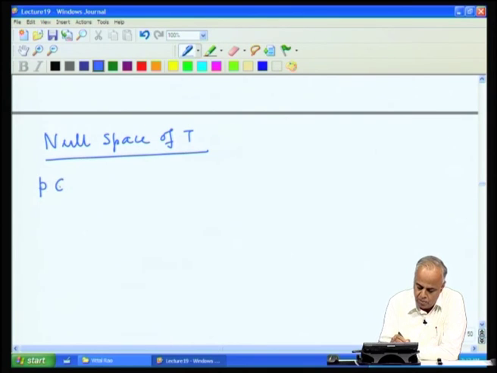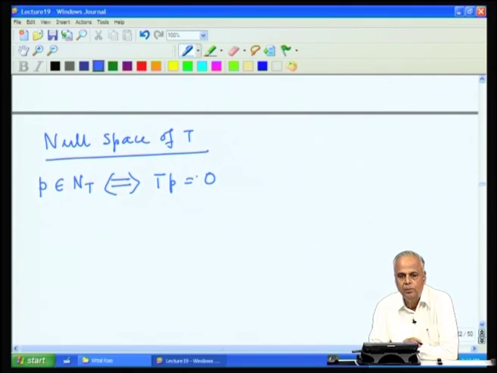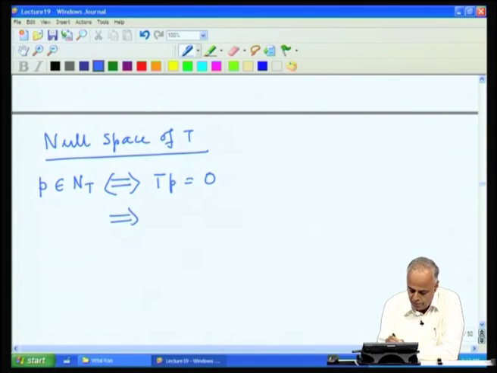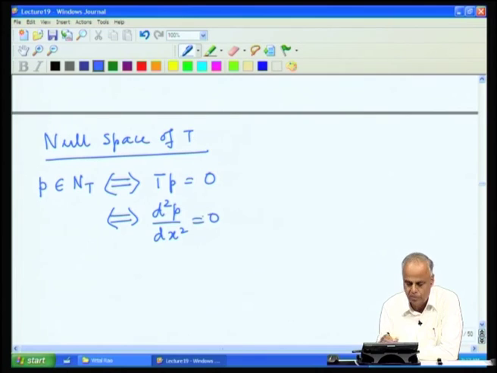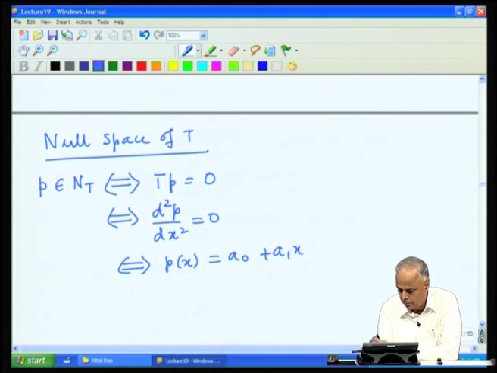So, p belongs to the null space of T if and only if it gets mapped to the 0 polynomial, or its value under T is the 0 polynomial. If and only if, T being defined as d squared, d squared p by dx squared is 0. This means p(x) is a linear polynomial a0 + a1 x, where a0 and a1 belong to F.